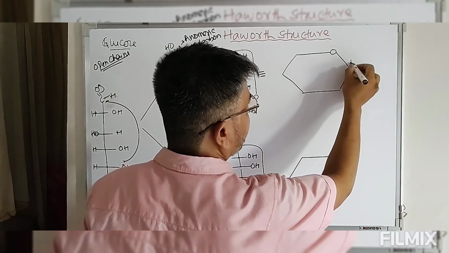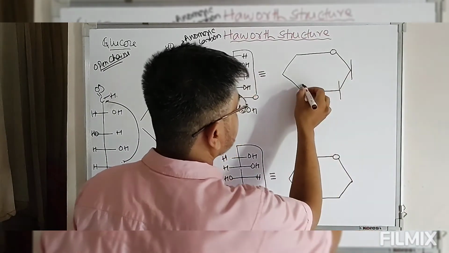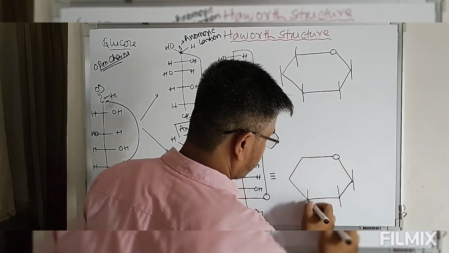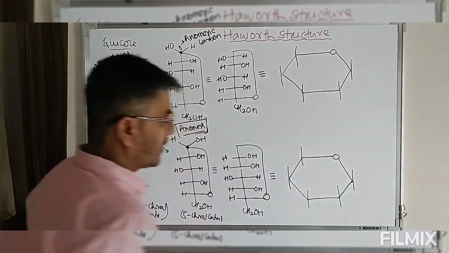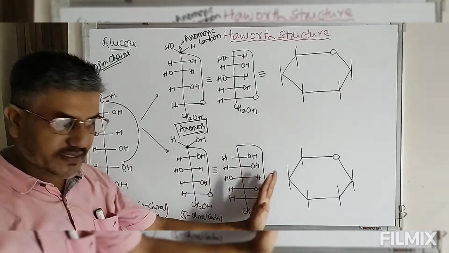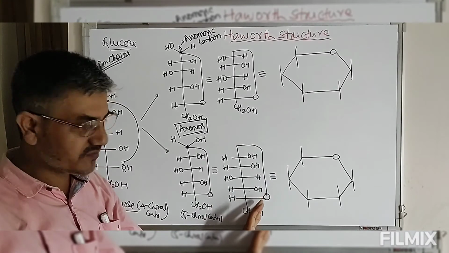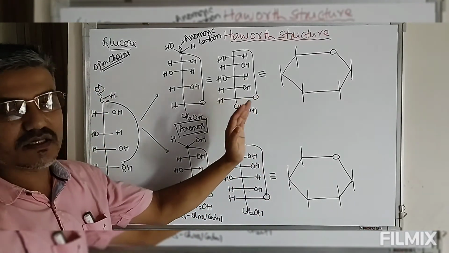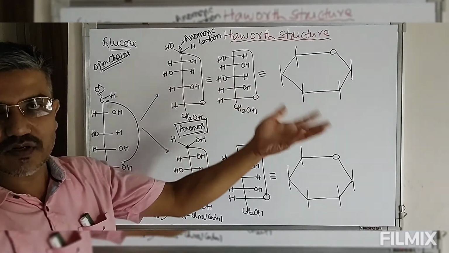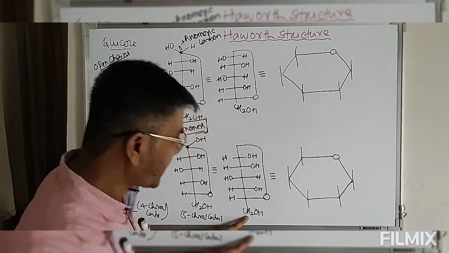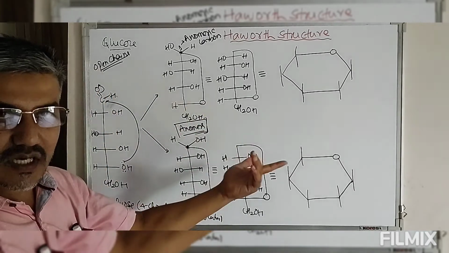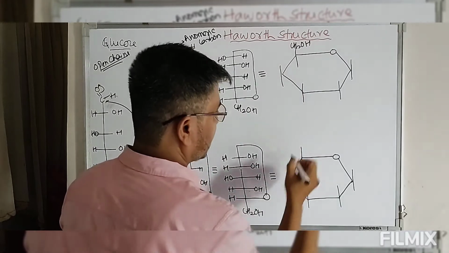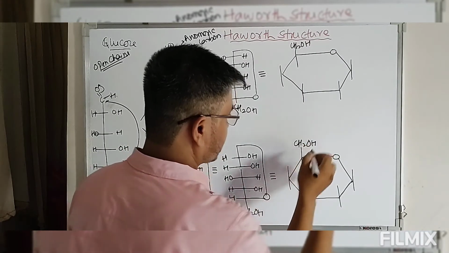This carbon is the anomeric carbon. Now groups on the right hand side of this Fischer projection formula are written below the plane of the ring, and those on the left hand side are written above the plane of the ring. Now this CH2OH is always written above the plane of the ring. So we have, look at this, CH2OH, this is CH2OH.